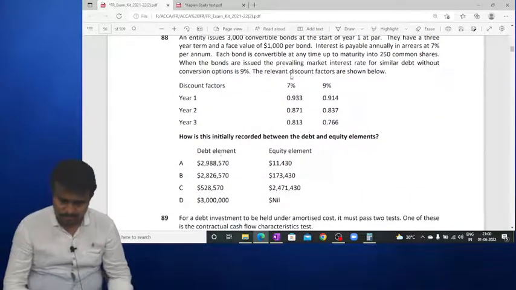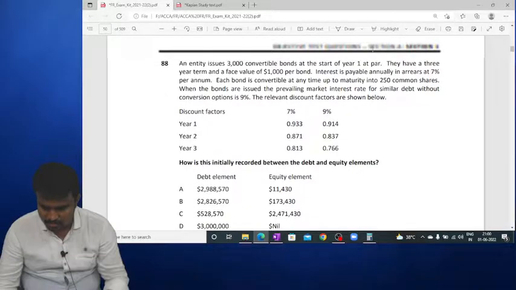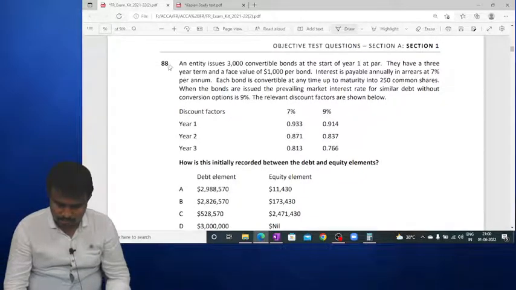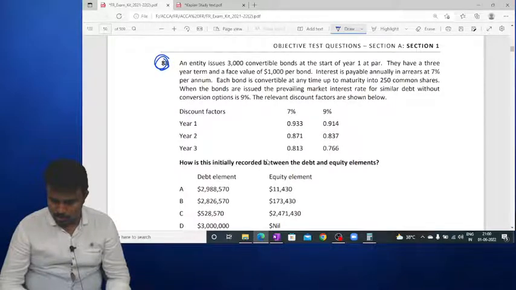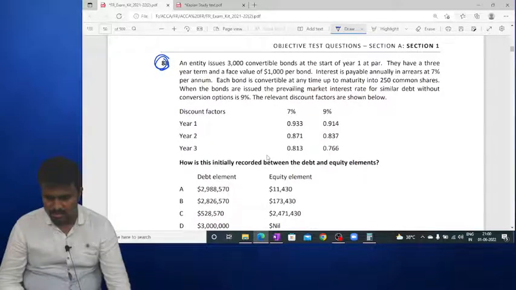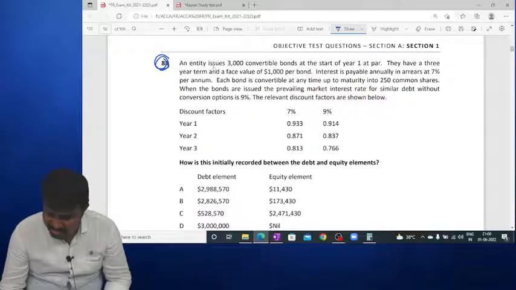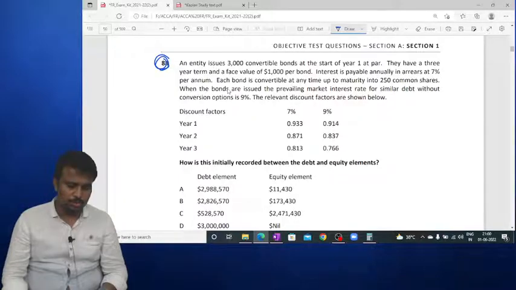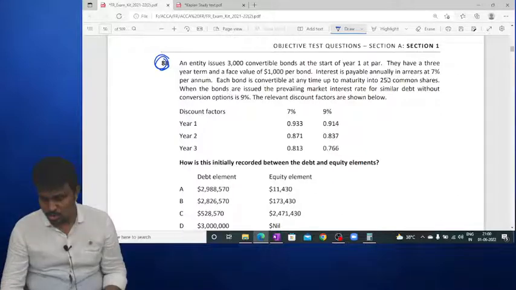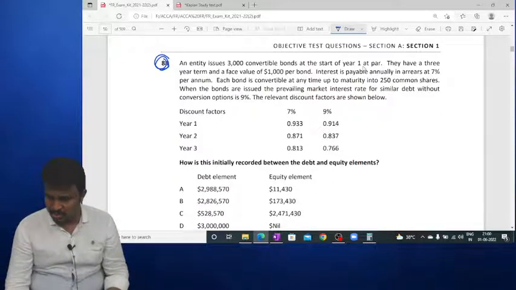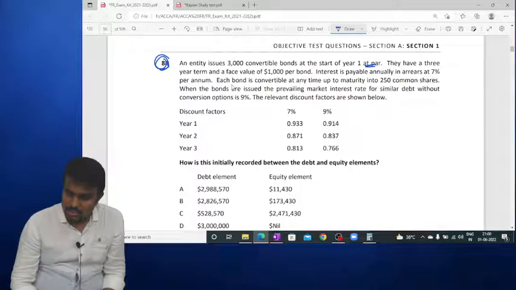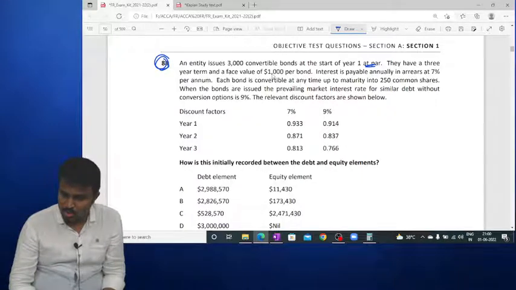Coming to the convertible loan, another question is there. Here we need to calculate the two parts, equity and debt element. An entity issued 3,000 convertible bonds at the start of year 1 at par. They have a 3-year term and face value of 1,000 per bond.